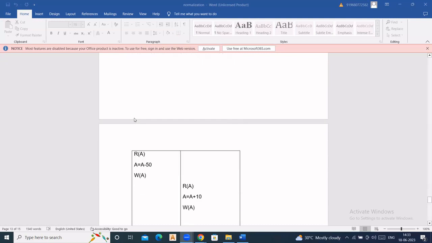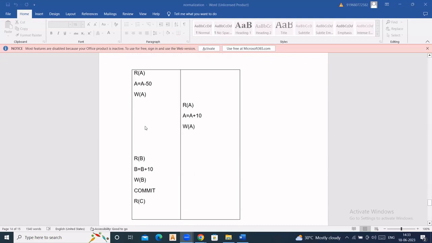Now draw the diagram. I said that is not dirty read, that is reading of an uncommitted data.